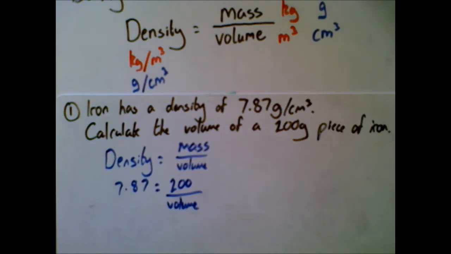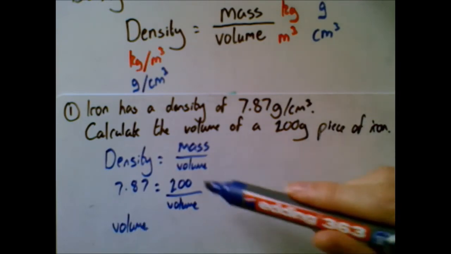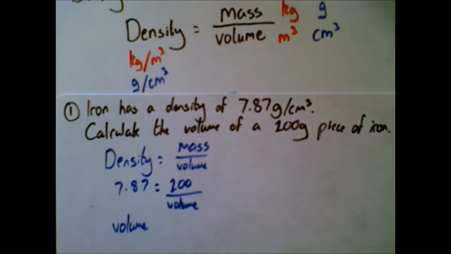Okay, thinking about rearranging this then, probably the best way to think about it actually is multiplying both sides by volume, then dividing by 7.87, and I get my volume is going to be 200 divided by 7.87. But again, like I said plenty of times before, I'm getting marks here by showing all of my working.